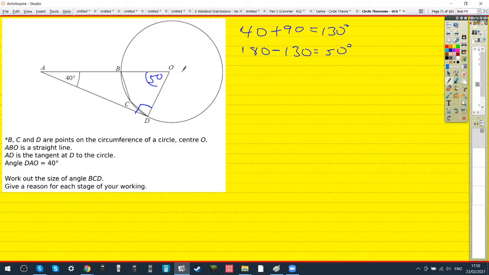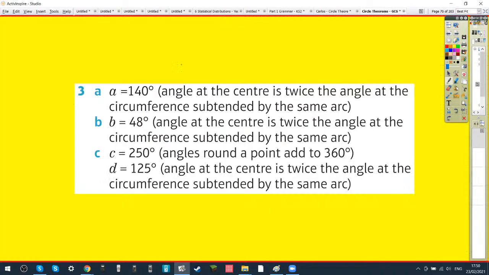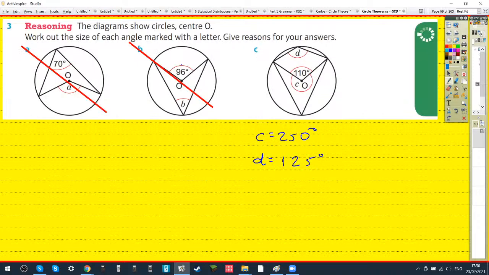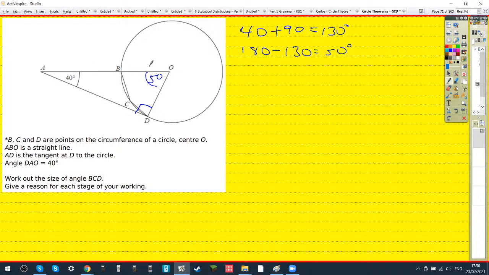So C is 100 degrees. Or was it the other way around? It was the one on the other side. It was half of the other one. So C is 25 degrees.